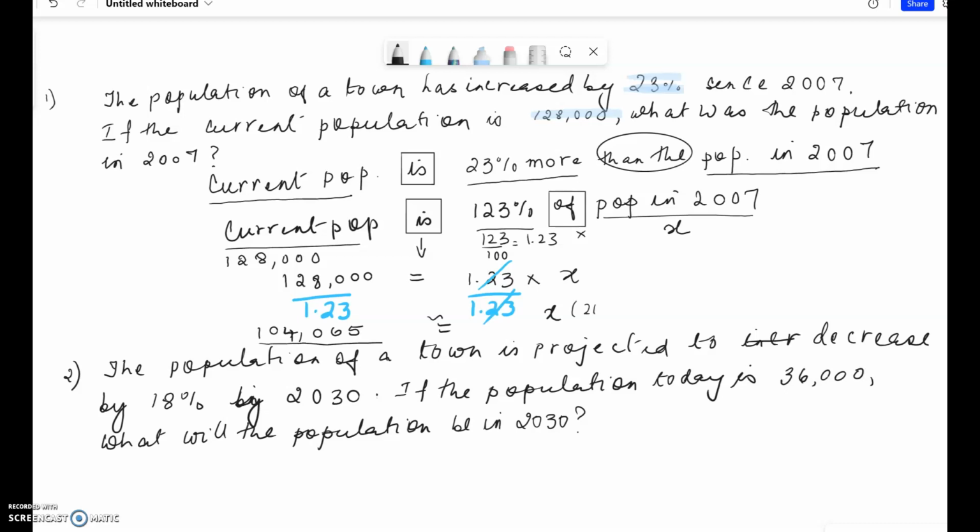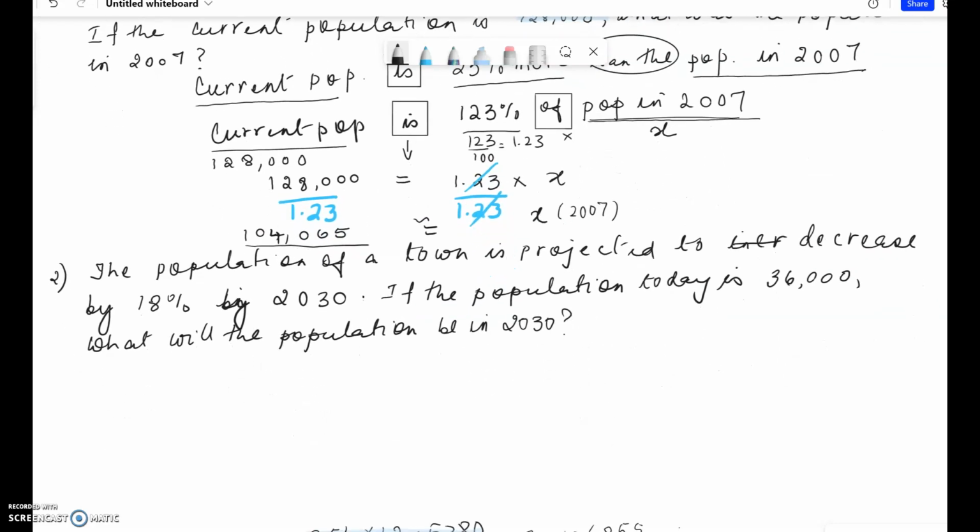So x is the population in 2007. So in this case, we know the current population and we find the population in the past. Now let's look at a different problem which looks very similar to this, but let's read it.